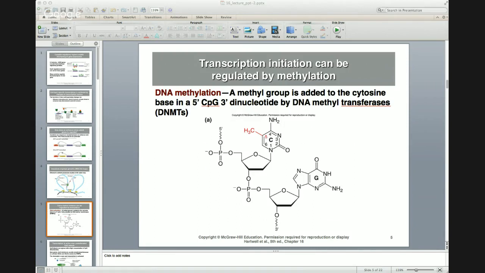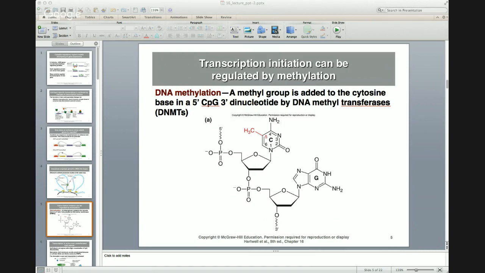When genes are unmethylated, it's because activators block the enzyme DNMTs from adding these methyl groups. That causes an open configuration of the chromatin, and hence allows the genes to be transcriptionally active.